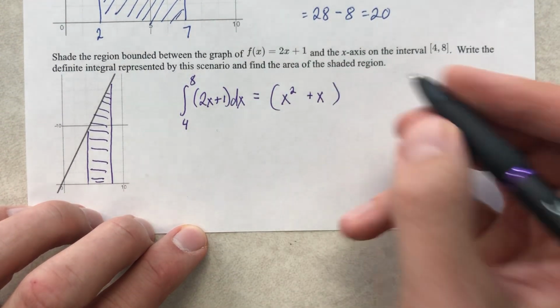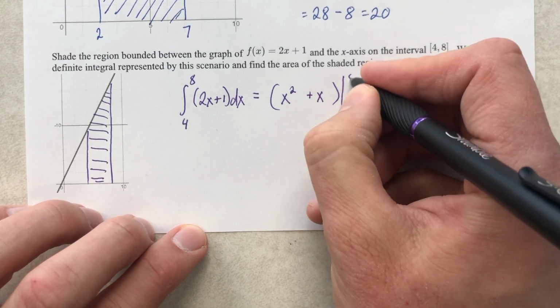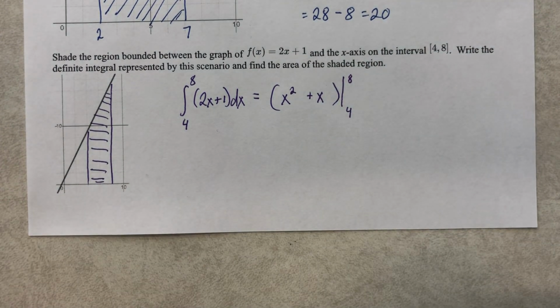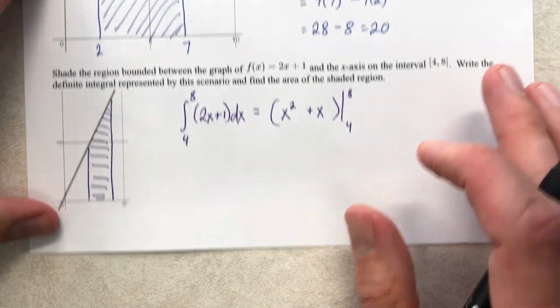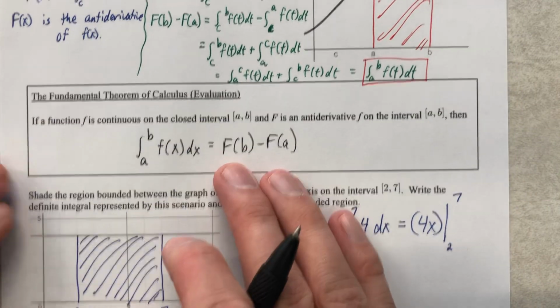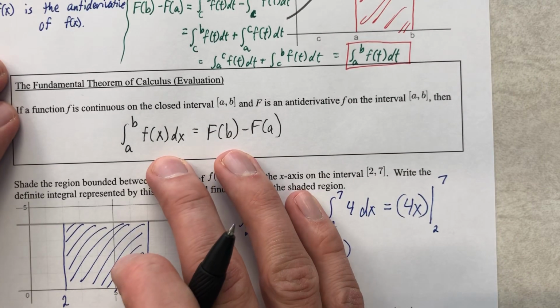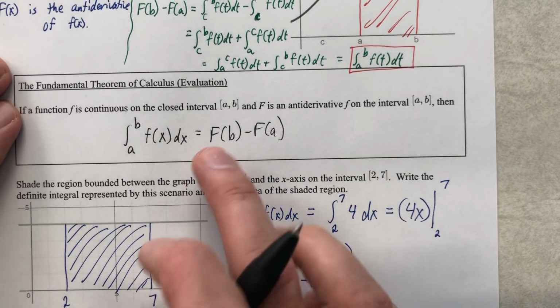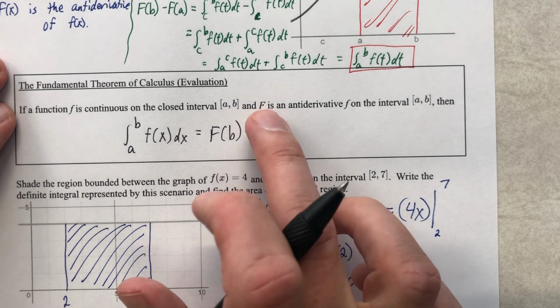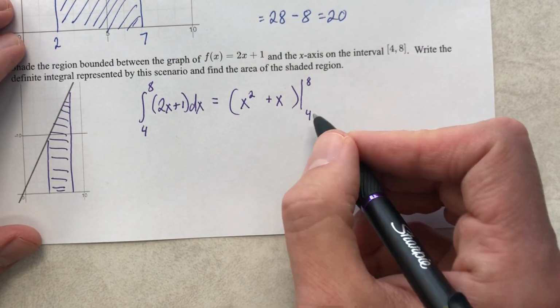That would just be x. And then we'd go from 4 to 8. Okay? So based on what we see here on the fundamental theorem of calculus, that had a very awkward beginning, but a very practical application and kind of straightforward, I need the antiderivative, because capital F is the antiderivative, and then we will plug in an 8, plug in a 4, subtract them.